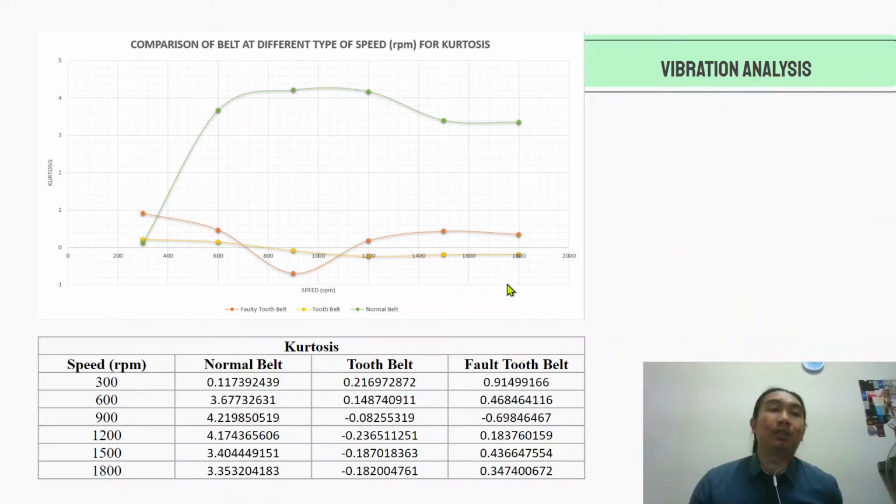As for the vibration analysis for the kurtosis, it shows the normal belt has the highest value, which is the peak value on this graph at 4.2. Other than that, the tooth belt and the fault tooth belt show a significant drop, and then go up again.